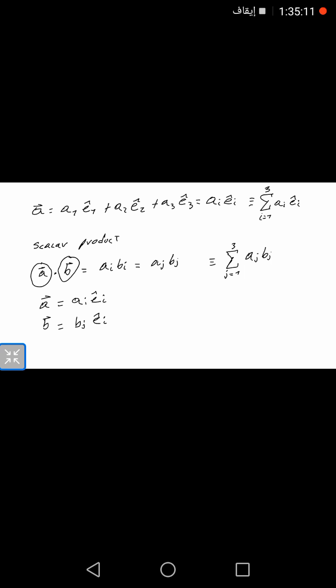The scalar product between these two vectors is J and this alternative manner dot between the bases. Just use J and the Kronecker delta.